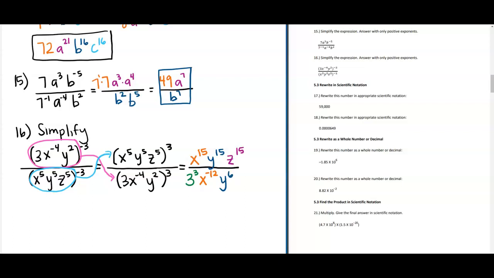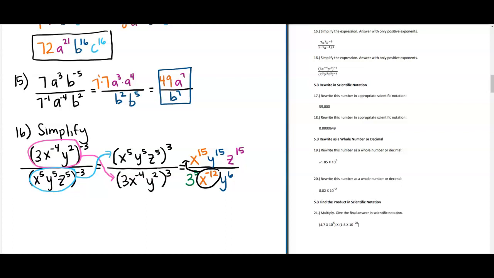And now we're going to simplify what we have here. Remember, if we have a negative exponent, it wants to go to where it's going to be happy. So this x to the negative 12th really wants to come upstairs.